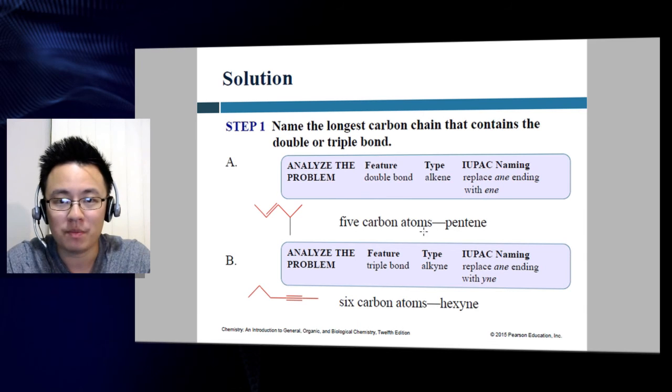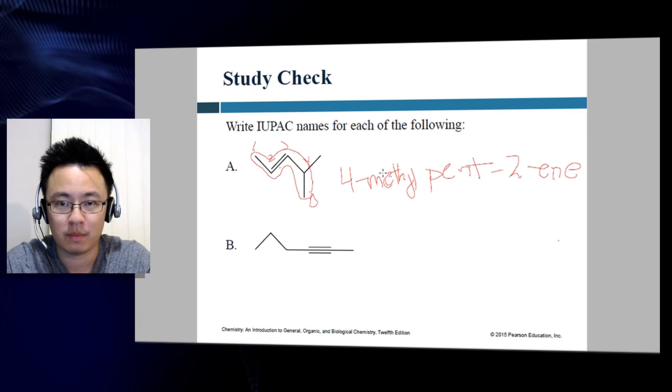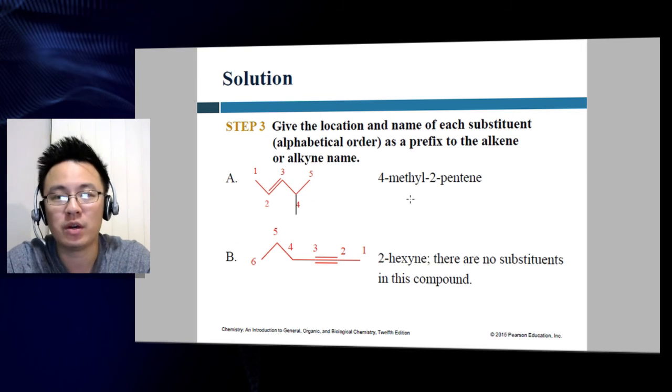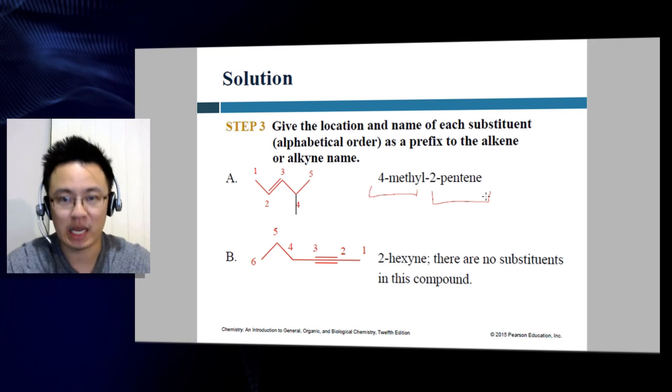So we have 5 carbons, 6 carbons. If we were to name it, it would be a 2-pentene, and then we have to consider that substituent: 4-methyl-2-pentene, as I've mentioned earlier.